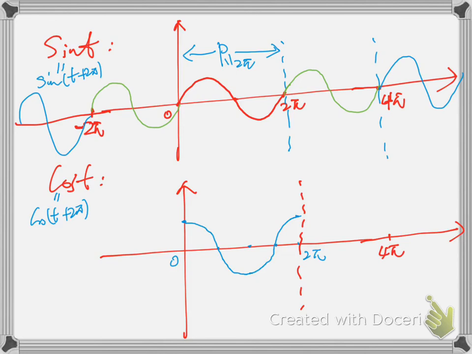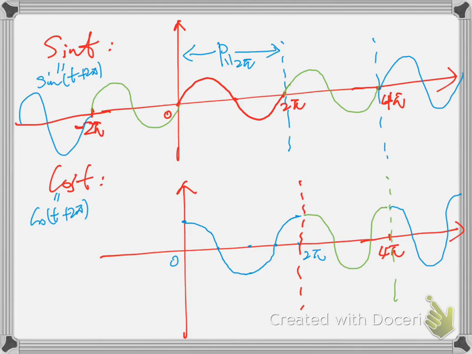Start from 1, go down to -1, and then turn back at 4 pi. So the next one is another cosine curve, from 1, go down, and then go back to 1.